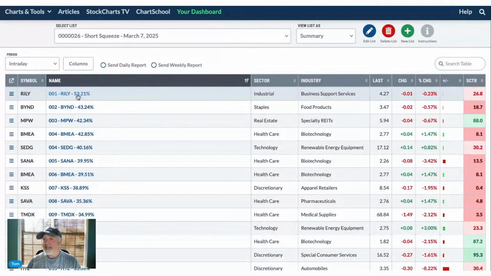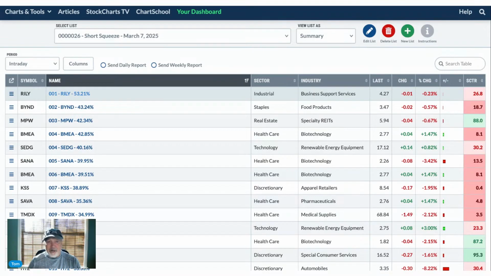So if a stock's got 100 million shares in its float, meaning that those are readily tradable shares, they're out there in the population, anybody can trade those shares. If there's 100 million, and this says 53%, that's the short percentage of float.